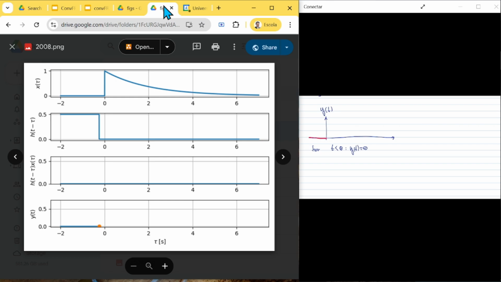Then for t larger than or equal to 0 until 2, this regime will last until 2. What do I have? Let's check it.